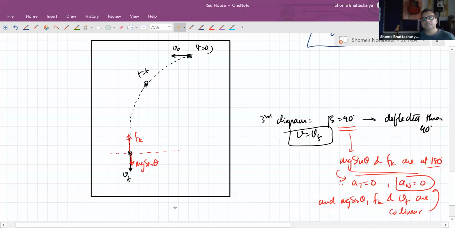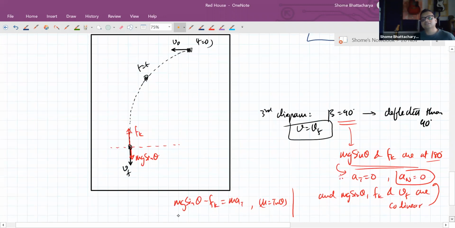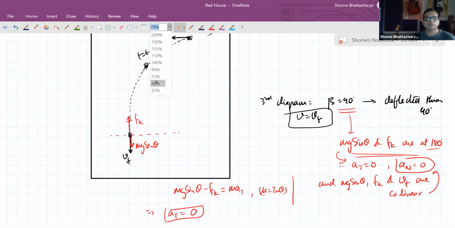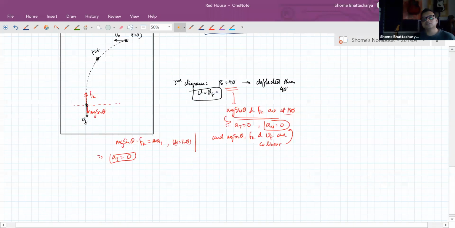Now mg sin theta minus kinetic friction is mass into tangential acceleration, but here mu is equal to tan theta, so the tangential acceleration becomes zero because these two cancel each other. Is this clear to all of you? So let us say the time when this is happening is some capital T. So let us say this third diagram is at T equal to capital T.